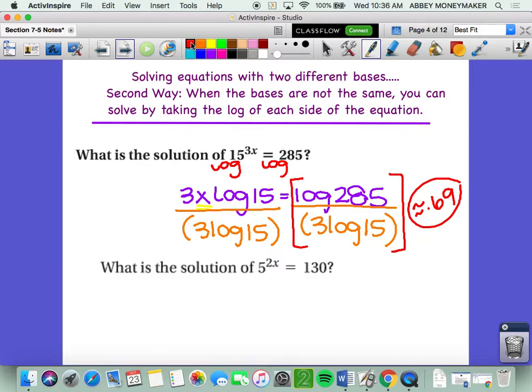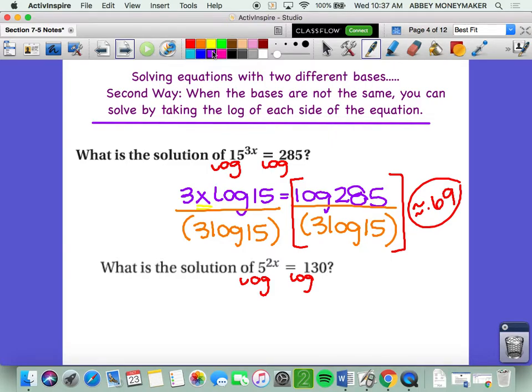Let's look at this next one here. Ask yourself what first? Is the exponent by itself? Yes. So from here, what do I do to both sides? Log them.